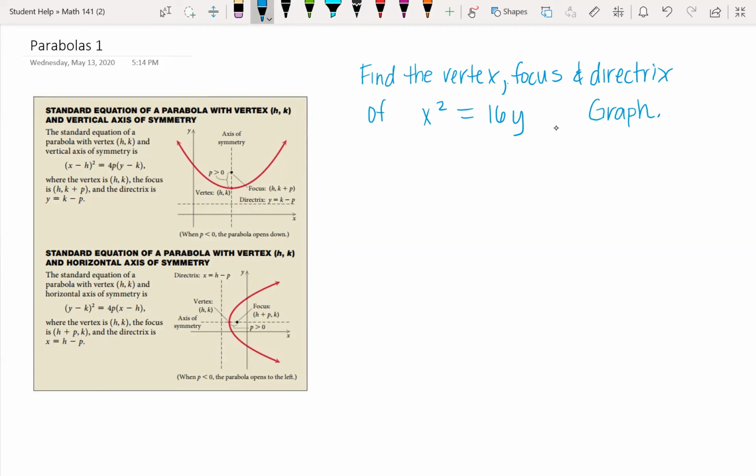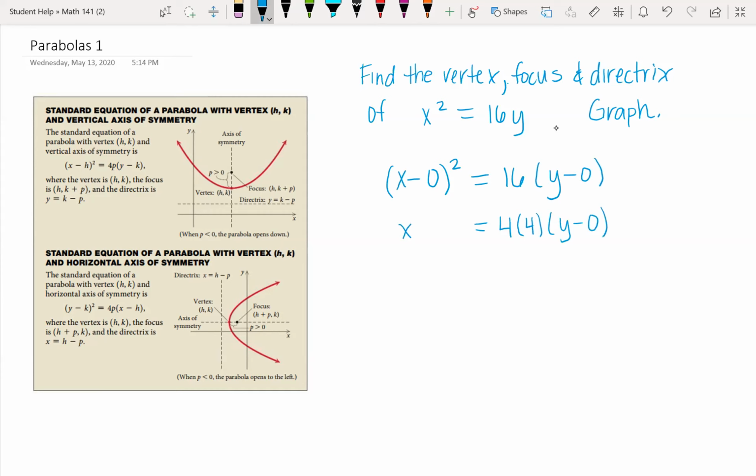So this looks like the first equation where the x is the squared variable. I'm going to rewrite it in a slightly different format so it looks more similar to that standard equation that's given. Even though it's overkill, I'm going to write it as x minus 0, the quantity squared, equals 16 out in front times y minus 0. And then 16 is the same as 4 times 4.